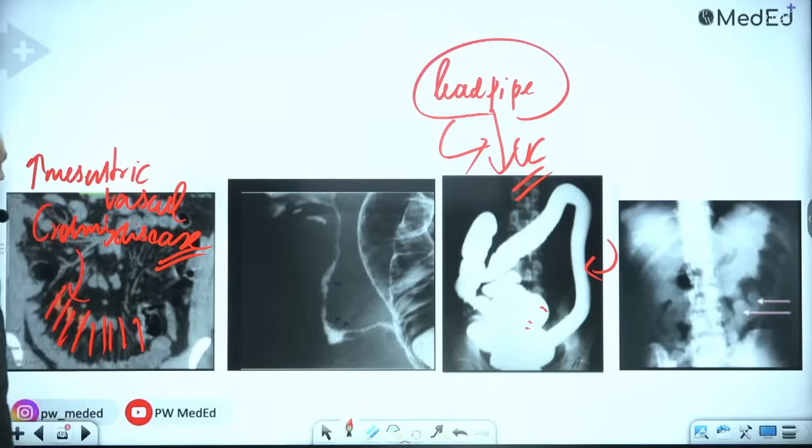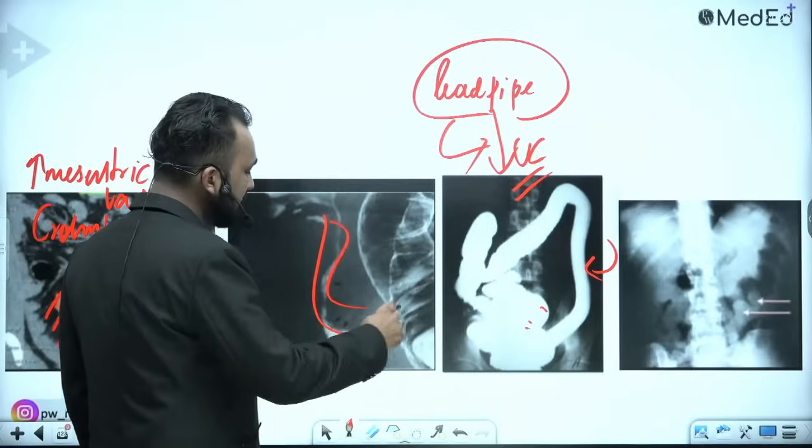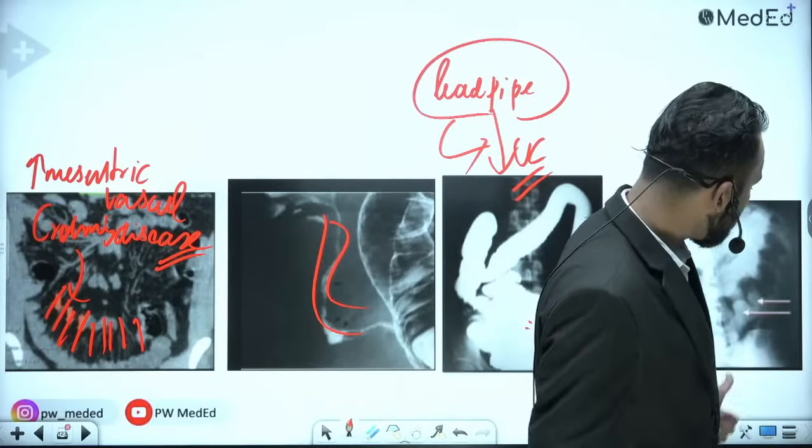So in Crohn's disease you get this comb sign, and you can also see narrowing of the terminal ileum in these patients, and this is again your string sign of Kantor.